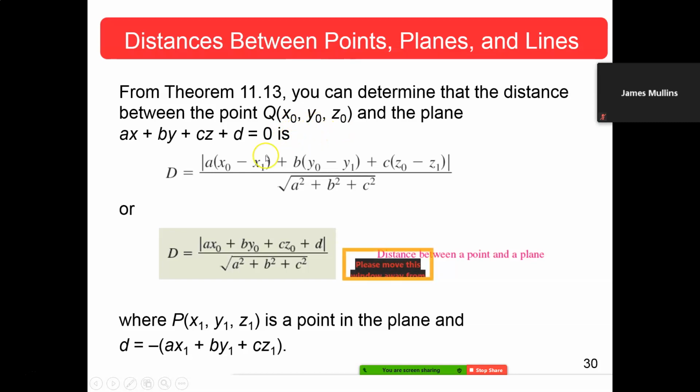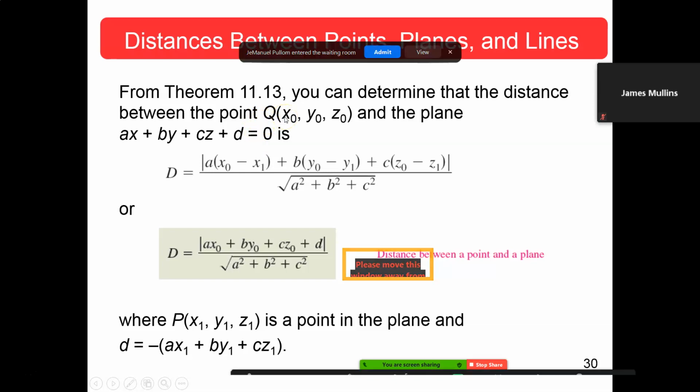Okay? Now, I know this is a little backward from what we usually do, and why they're doing it this way, I'm not exactly sure, but the point from P to Q would then be, Q is the terminal point.